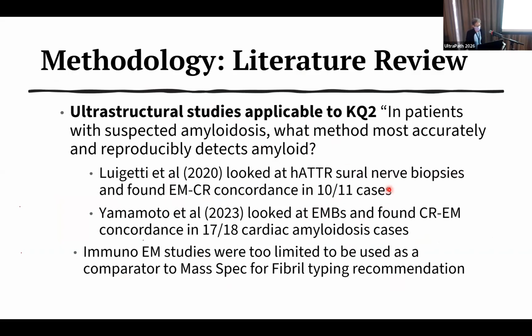The 11th case was diagnosed by EM and was a variant known to be typically Congo red difficult to detect. Yamamoto in 23 endomyocardial biopsies, Congo red, EM concordance in 17 of 18 cases, and one light chain amyloidosis diagnosed by EM only.